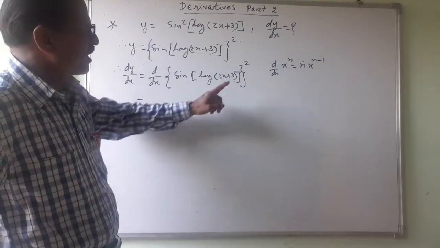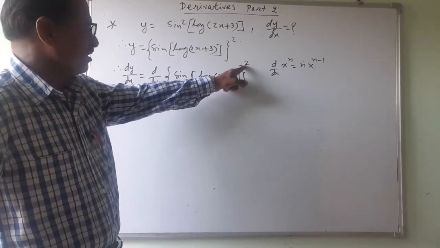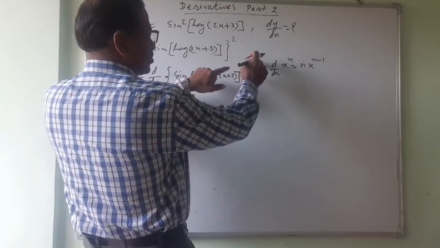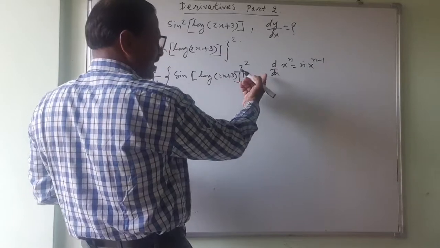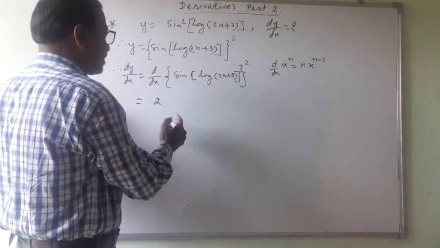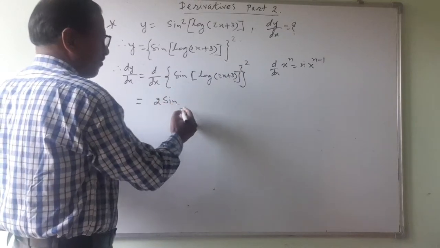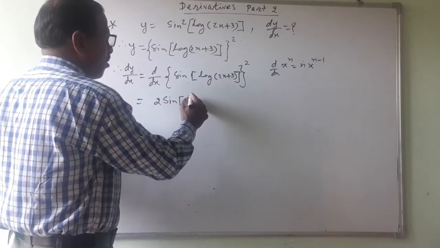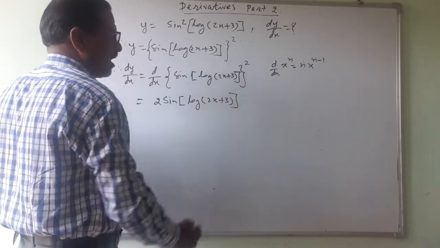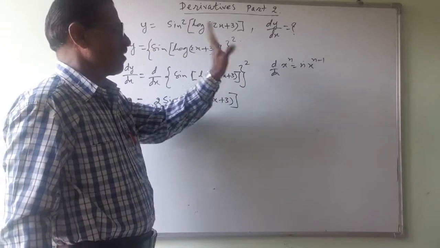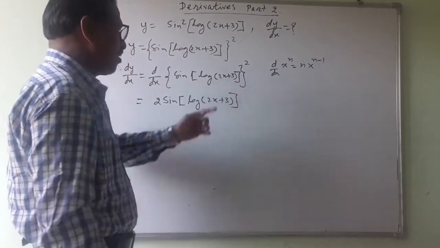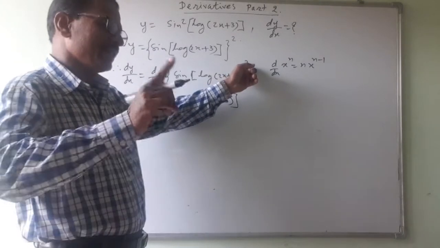The first will be the power function. This is as if x, and this is x square. So if it is x square, then the derivative will be 2x, and at the place of x, it is sine of log of 2x plus 3, power 2 minus 1, that is equal to 1. Of the power function I have taken the derivative.